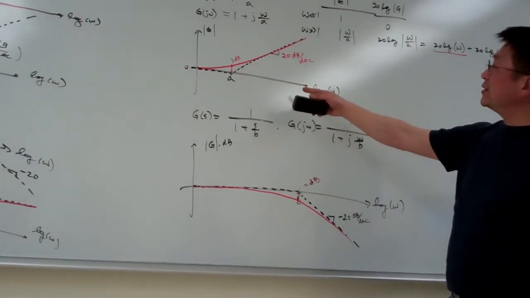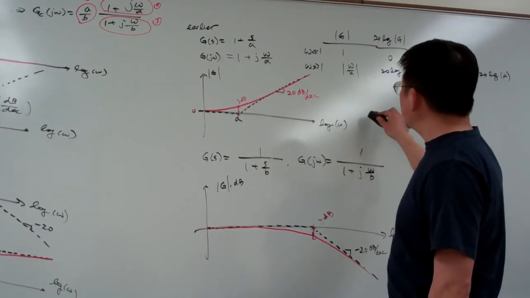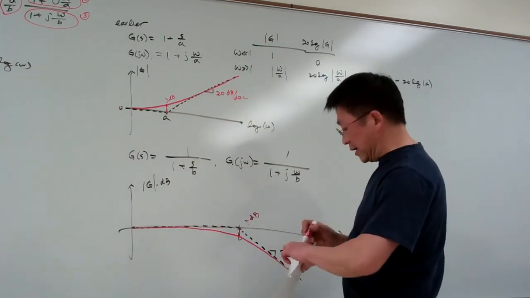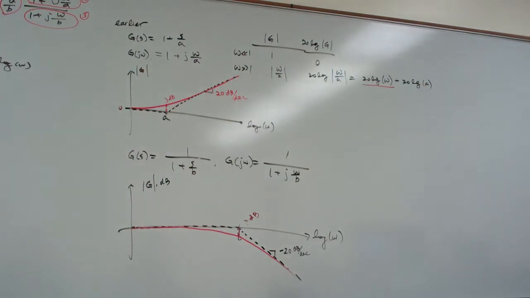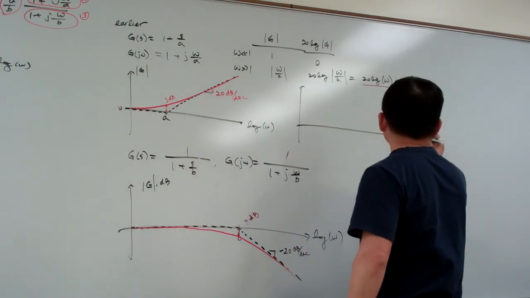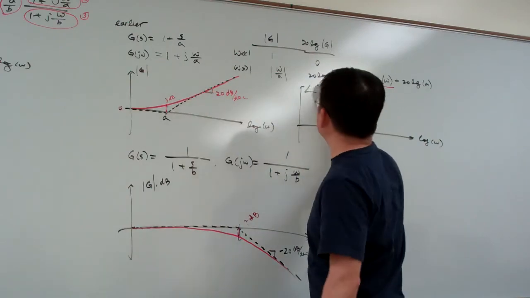Now for this case, we can also exercise the phase angles. Again, from our earlier exercise, we have a phase angle. Let me draw the phase angle on this side here. This is a phase angle for this system here.